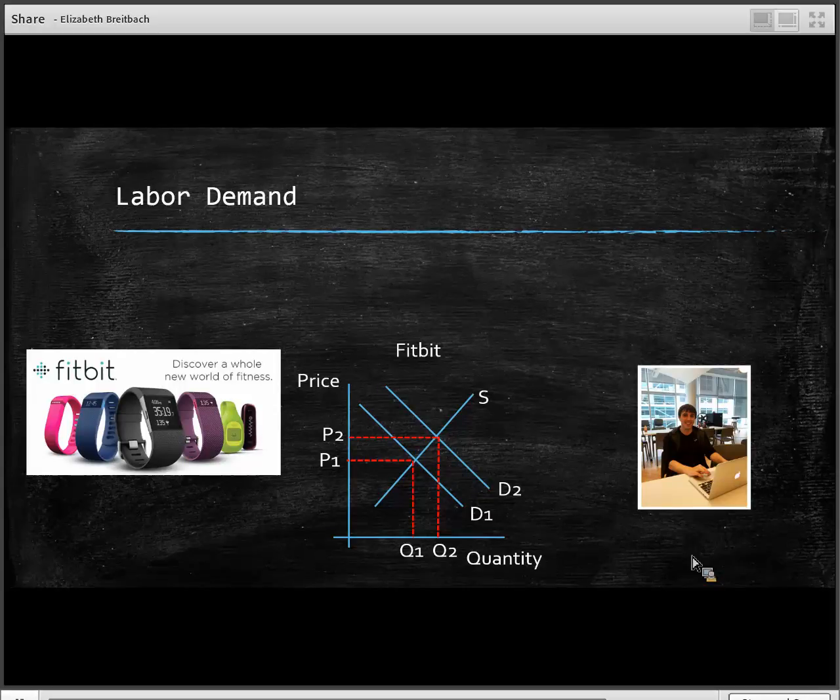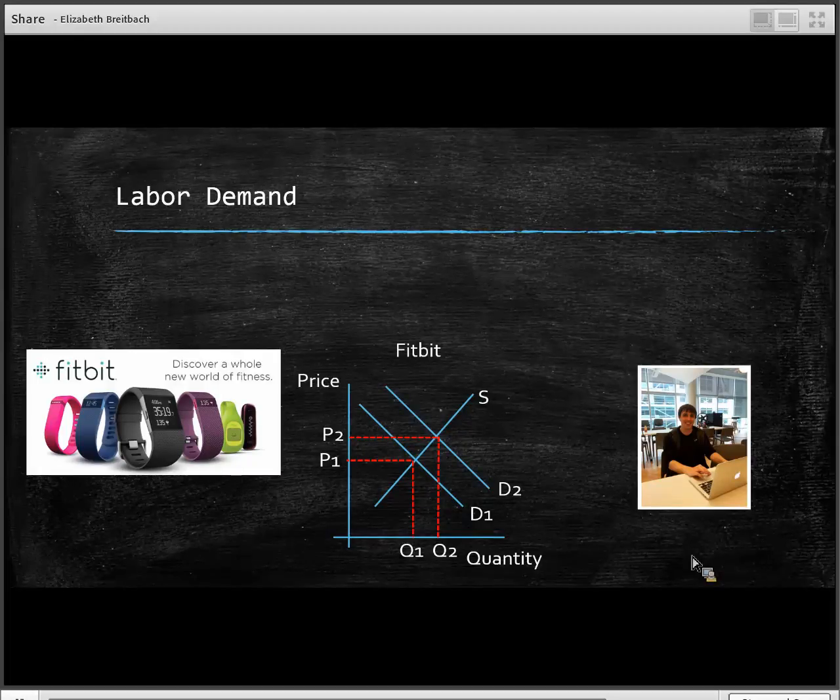So we can see an increase in demand, a shift from D1 to D2, is going to increase the quantity bought and sold in the market from Q1 to Q2. And as we increase the quantity that's bought and sold in the market, we need more production. And to produce more, that means we need more of those software engineers.